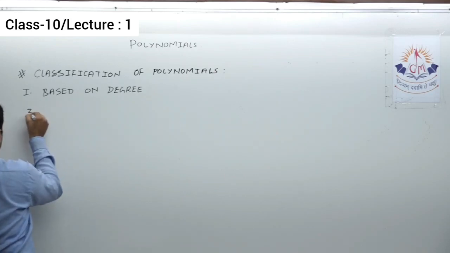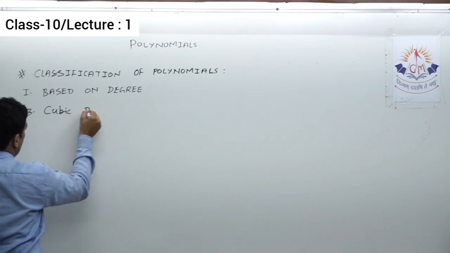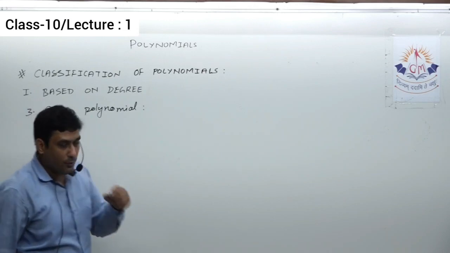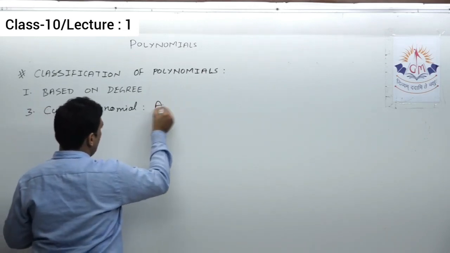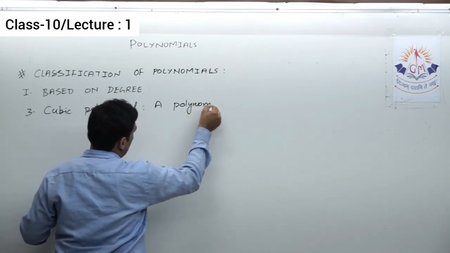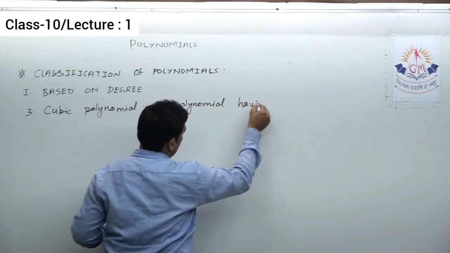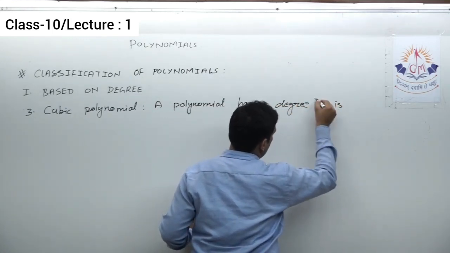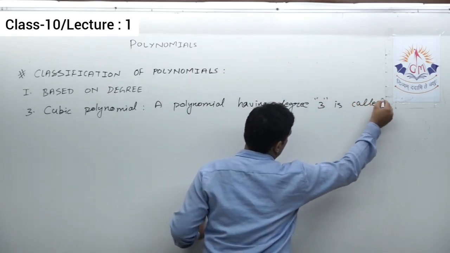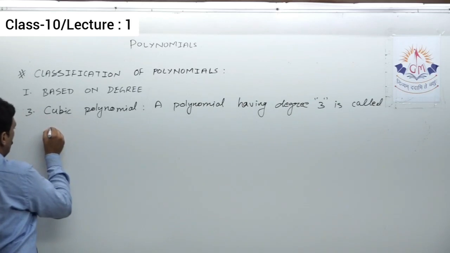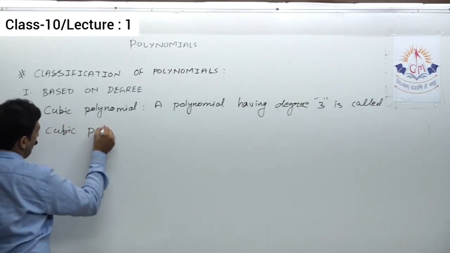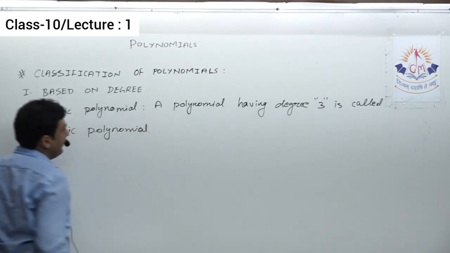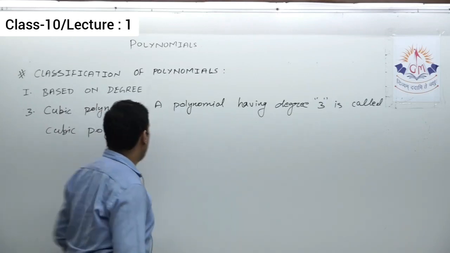So the third one is cubic polynomial. A polynomial having degree 3 is called a cubic polynomial.